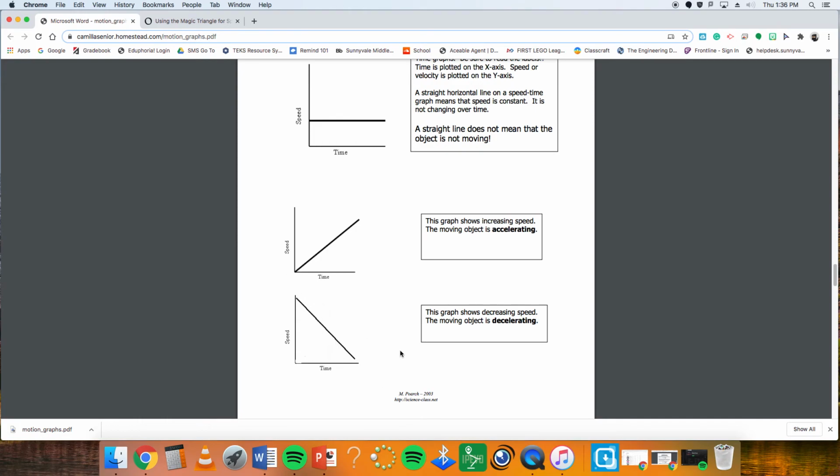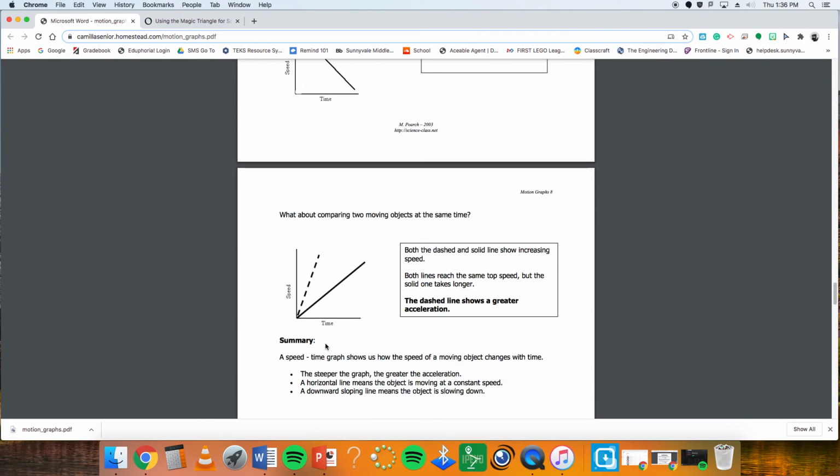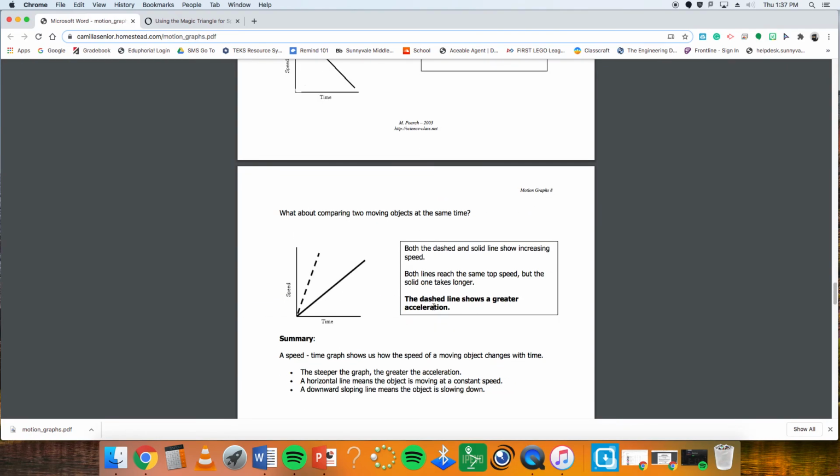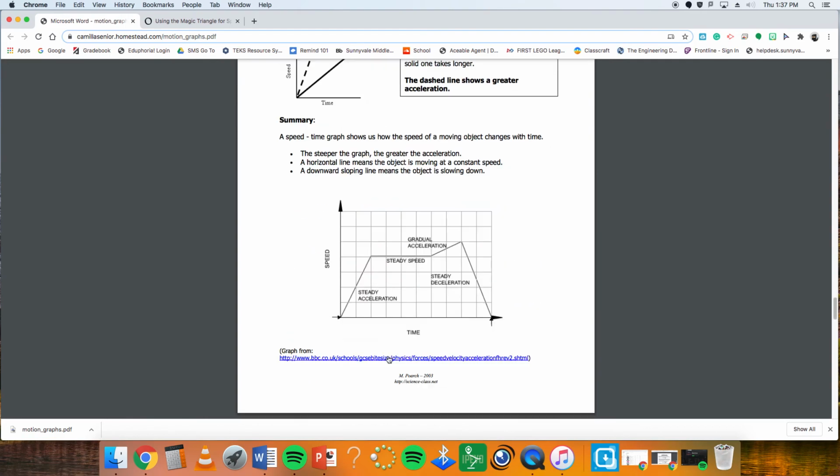Remember, the definition of acceleration is speeding up, slowing down, and changing direction. So this is deceleration at a constant rate, but it's also defined as acceleration. The dashed line shows greater acceleration, regular acceleration, and then a line like this would be slower acceleration.